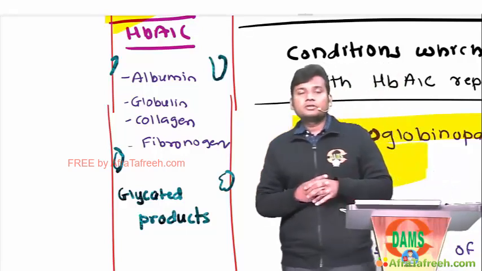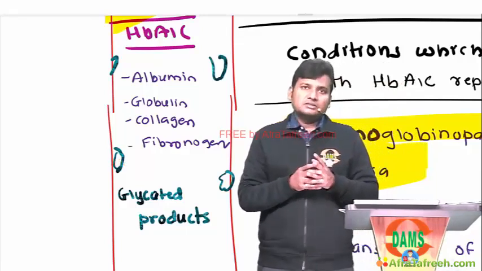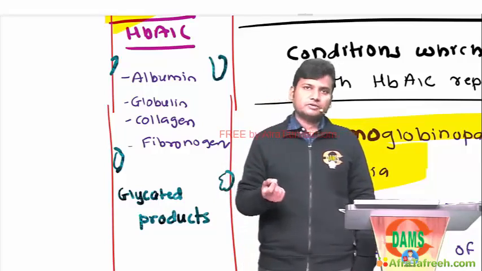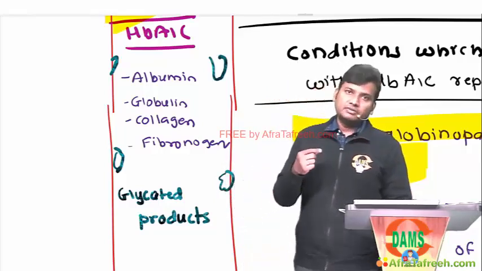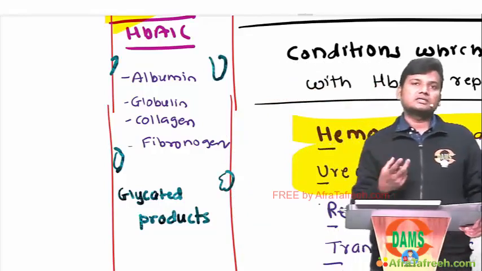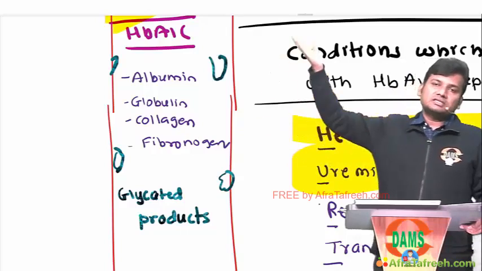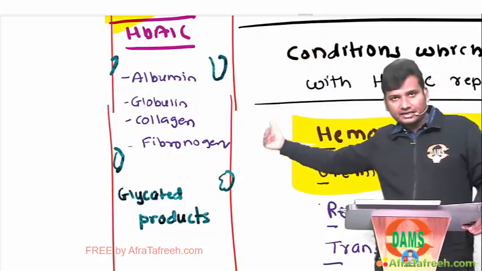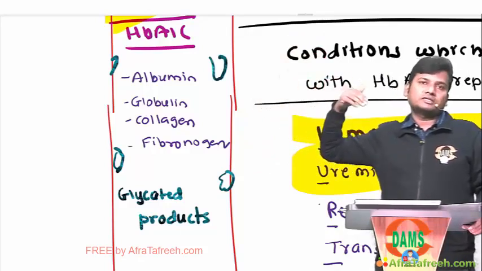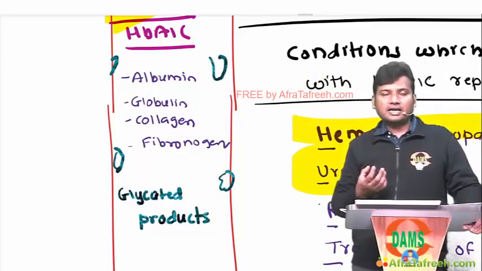They will have increased risk of thrombus formation, increased risk of stroke, increased risk of heart attack. Whenever HbA1c increases, glycated products are increasing and the risk of stroke or heart attack also increases.